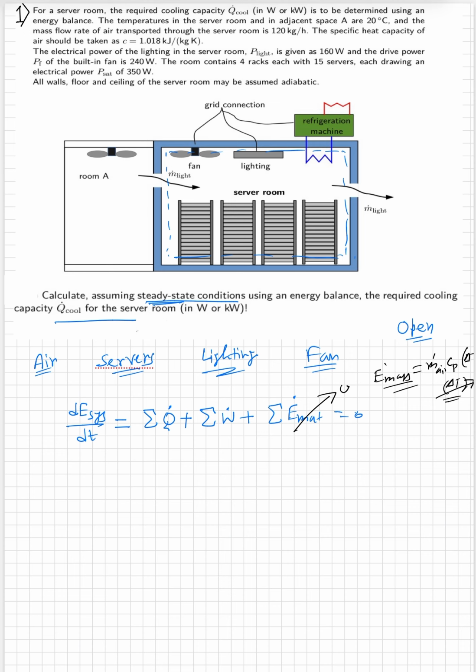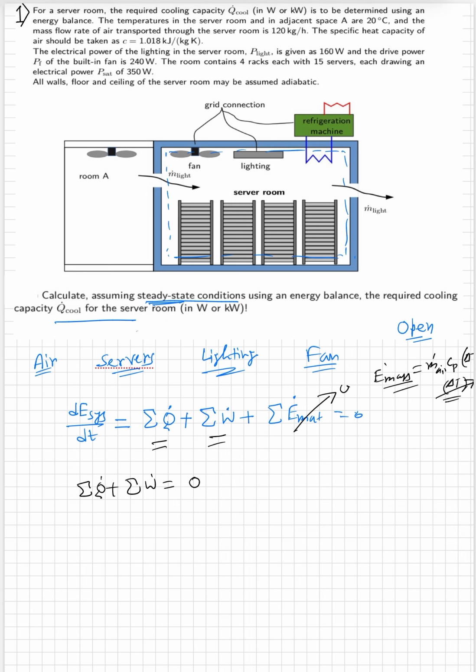And also the walls are adiabatic here. So we only have to deal with heat energy and work energy rate. Now we can write down the equation again: summation of Q dot plus summation of W dot equal to 0.